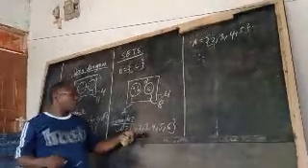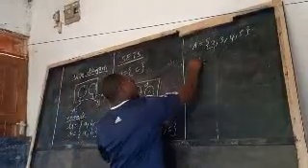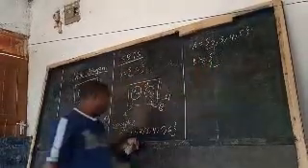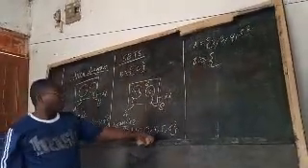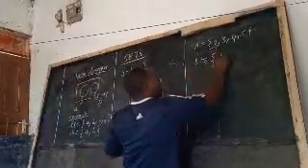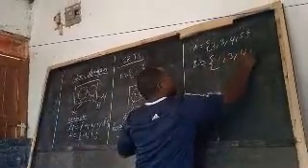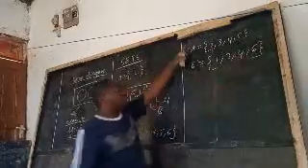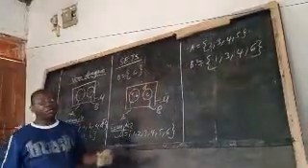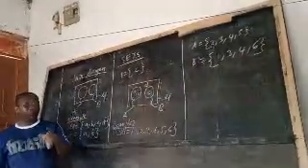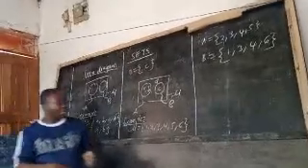Then you have another set, set B, which contains elements 1, 3, 4, and 6. This is set A and this is set B. So to represent these sets in a Venn diagram, first of all, draw a square box, like this one.